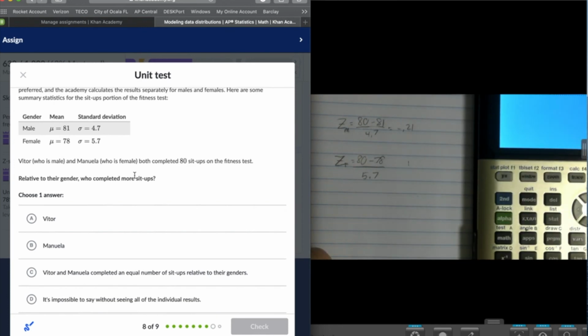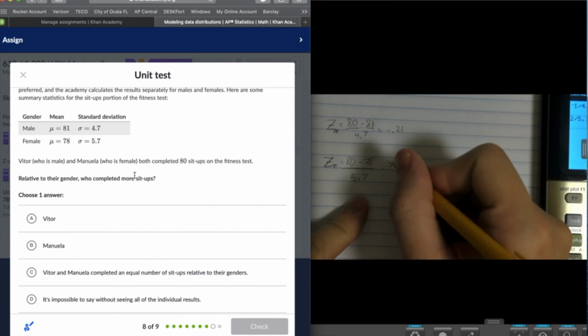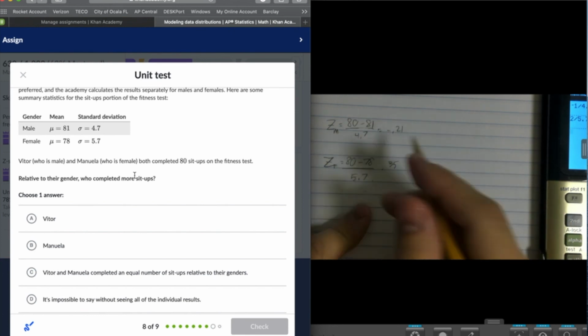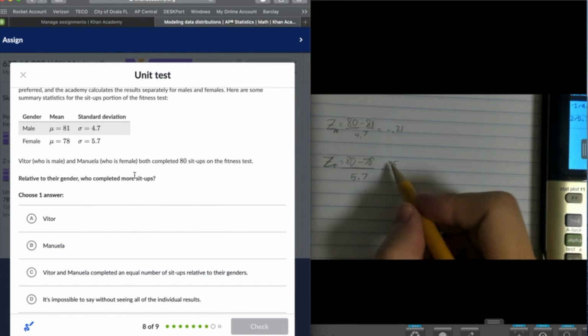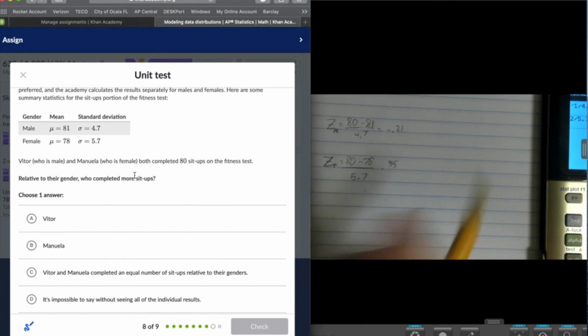And that numerator is going to end up being positive 2 divided by 5.7. And we get 0.35. And that's enough to get this problem right, because the question is which one is bigger, and what that means is on the number line which one is further to the right, and this one's positive, this one's negative, so the female, Manuela, had more sit-ups comparatively.